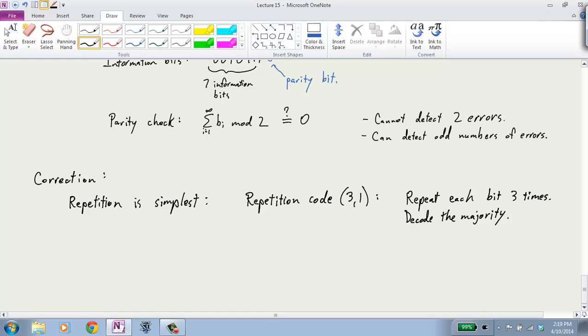So for the repetition 3-1 code, if your information was a 0 bit, then the code word, which is what you would transmit or write to the disk, is going to be 0, 0, 0. If it was a 1, you're going to put 1, 1, 1. Pretty straightforward. And now, if there's only 1 error, you're still going to have a majority of the correct number, right? So this will also correct single errors.